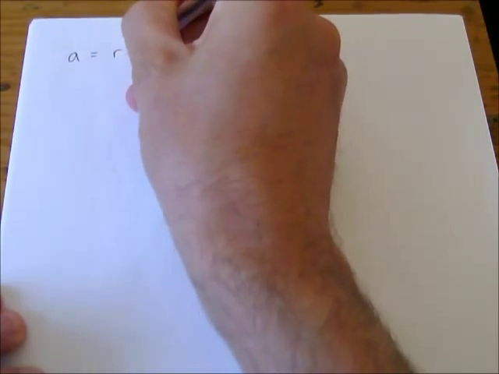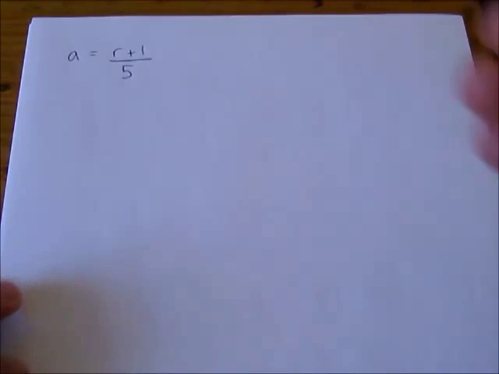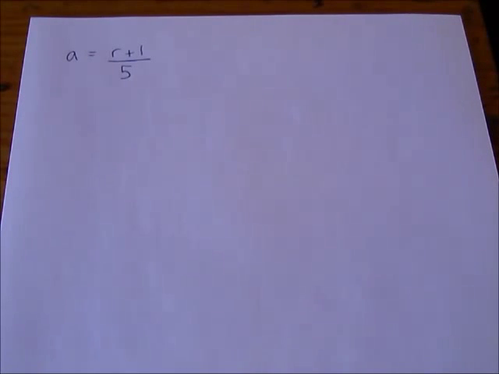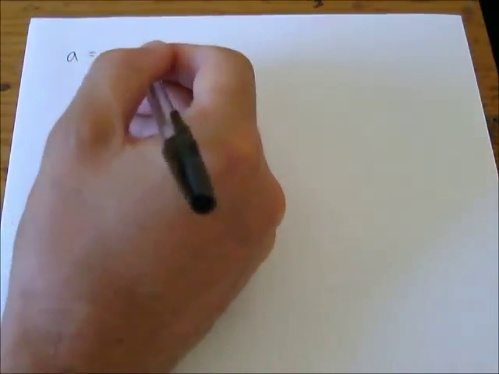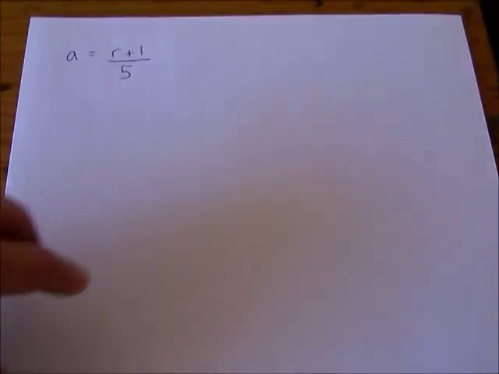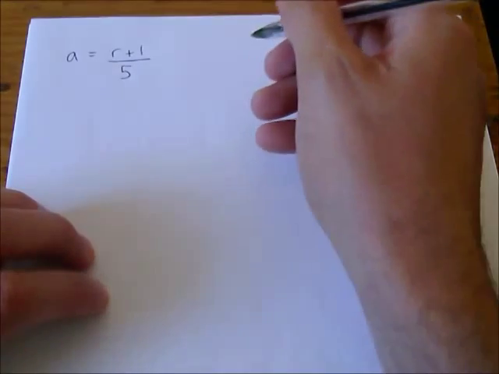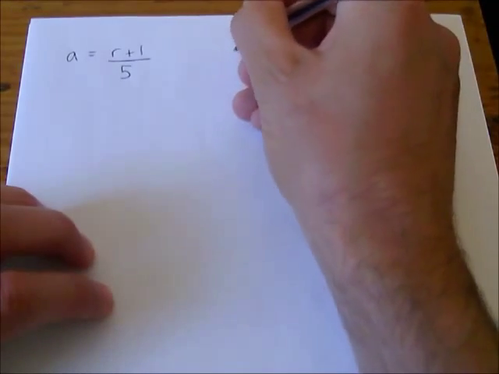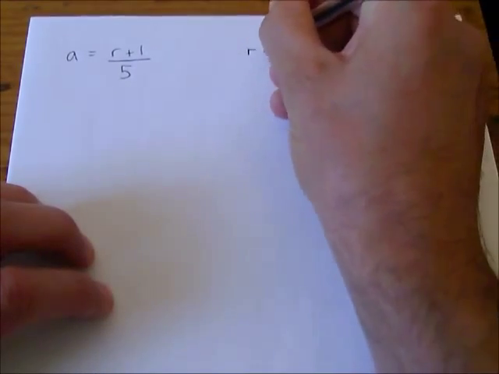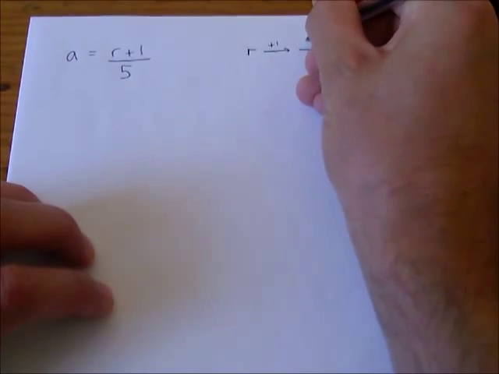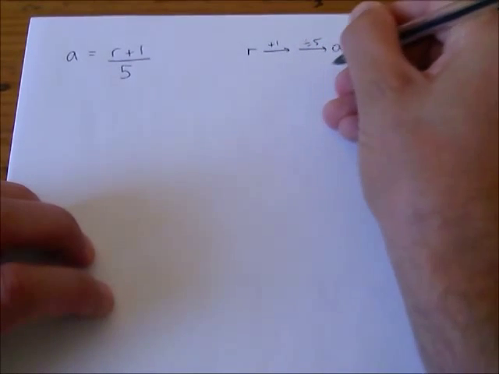Okay, this time just to show you what happens when you've got a division, a sort of long line division in your formula to begin with. You could do this as a number machine, so you could say r plus 1 divided by 5 equals a.